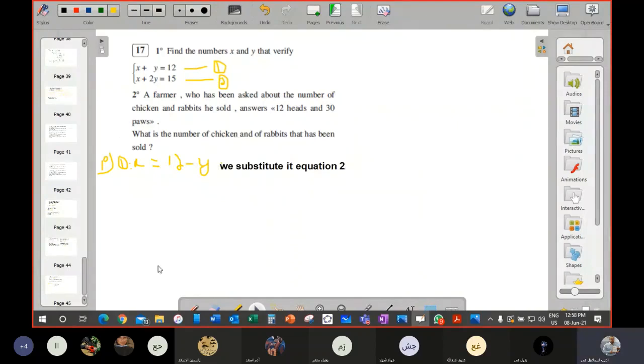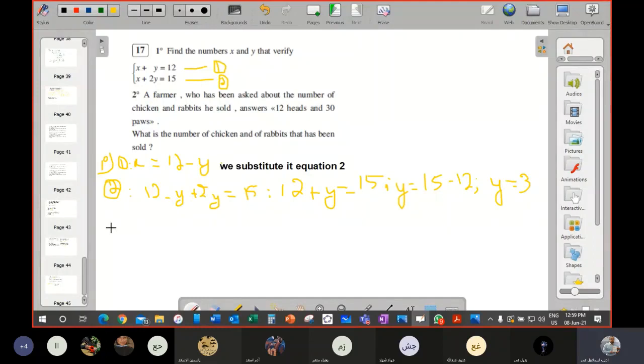Now in equation 2: 12 minus y plus 2y equal 15. Then 12 plus y equal 15, so y equal 15 minus 12, and y equal 3.